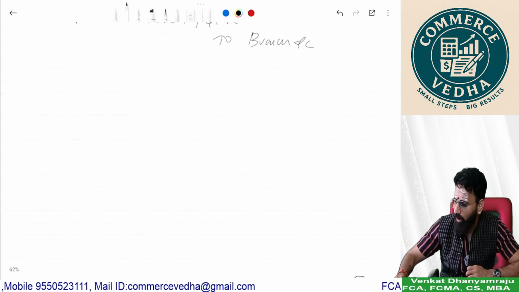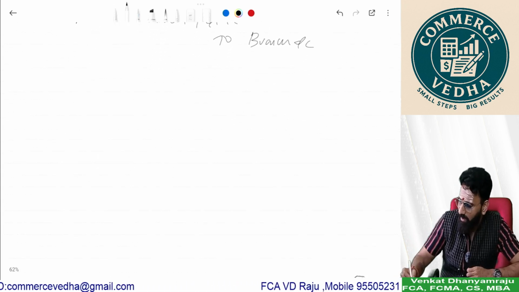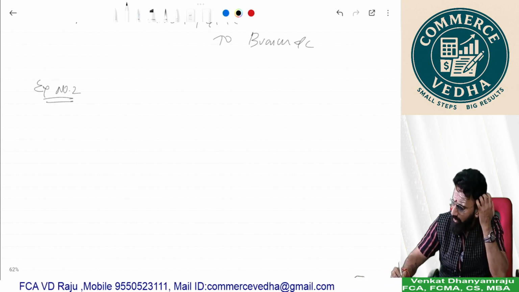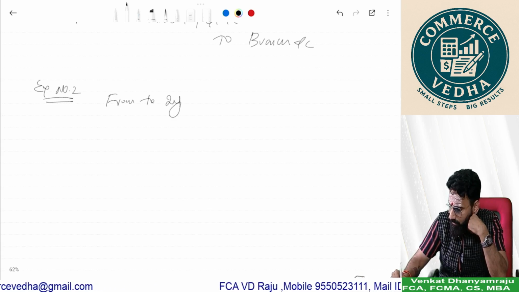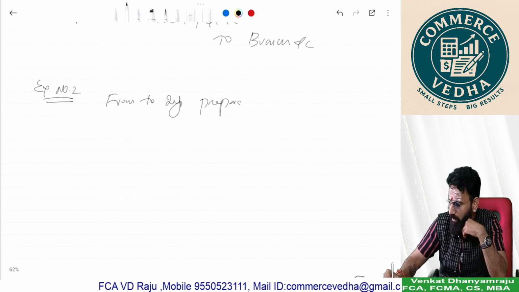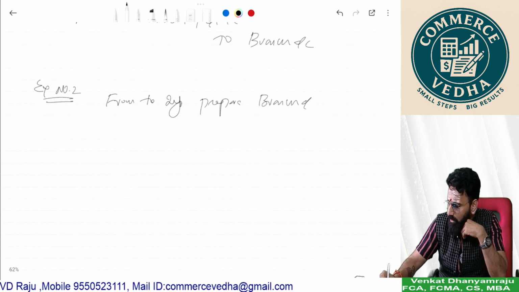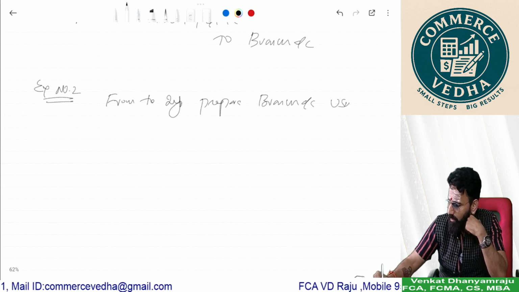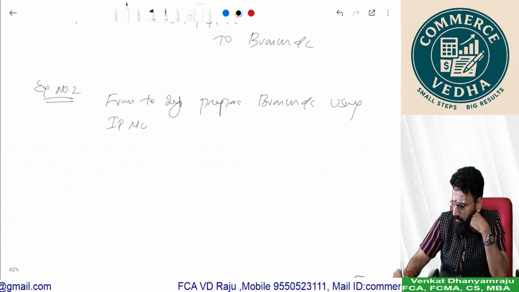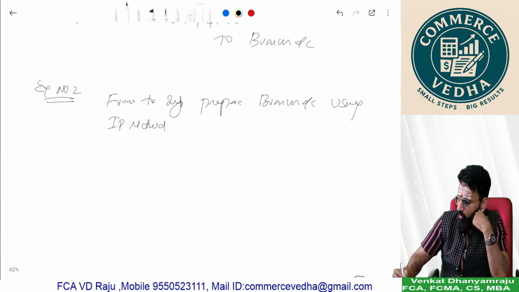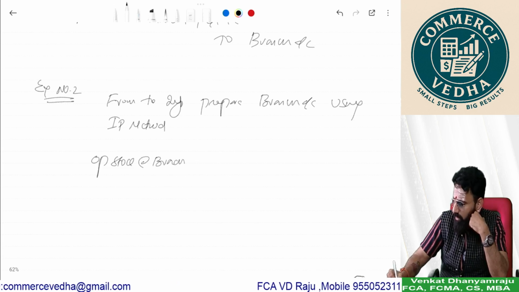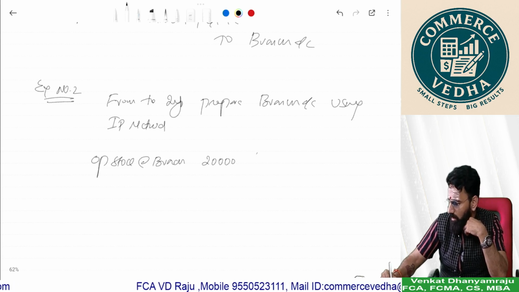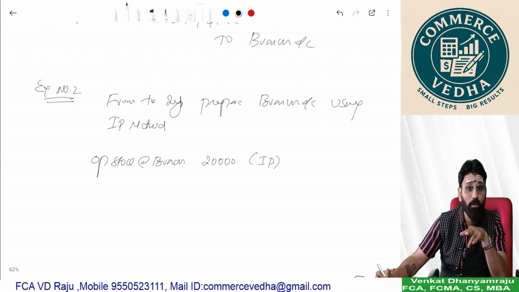Let us take a small example for this as well. See example number 2. I am giving you information. From the information, prepare branch account using invoice price method. Opening stock at branch 20,000 at invoice price.